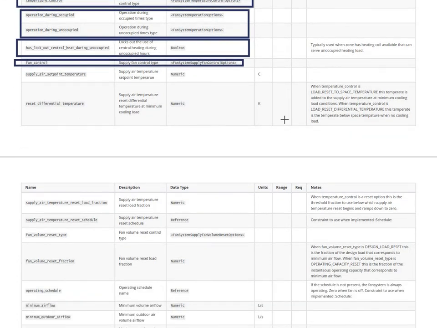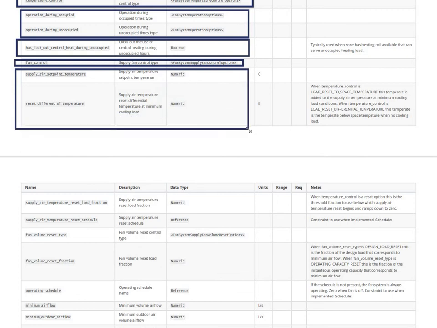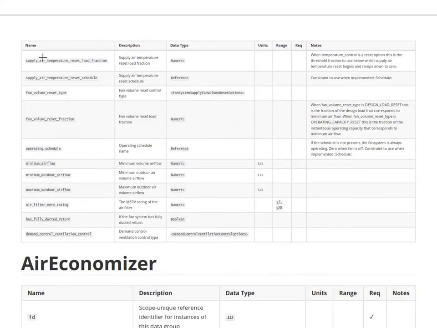Now we get to some temperatures. The supply air temperature set point obviously is a critical thing for any fan system. The reset differential temperature is something that occurs for two different reset strategies. And here's another reset related thing.